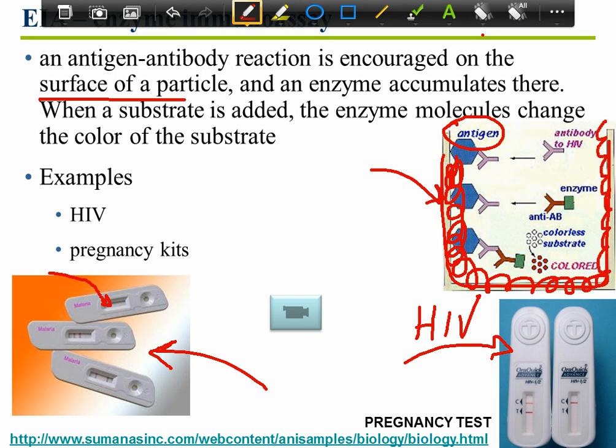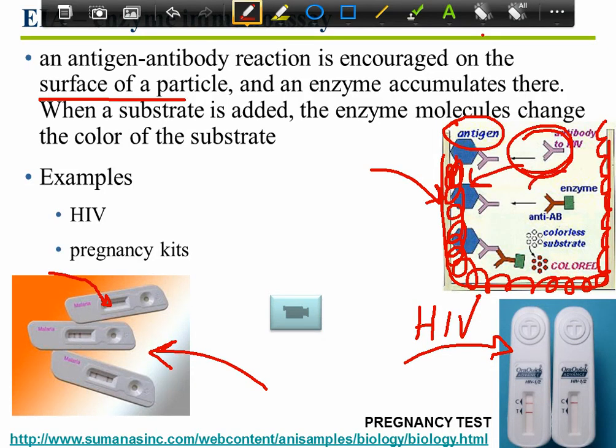You add the patient's serum. Now again, we don't know if the patient has anti-HIV or not. Let's say they do. That antibody then attaches to the HIV antigen right there.